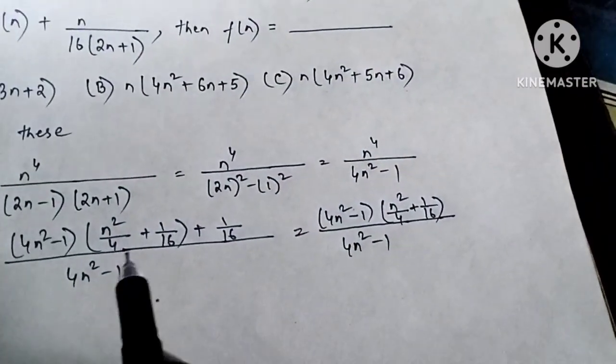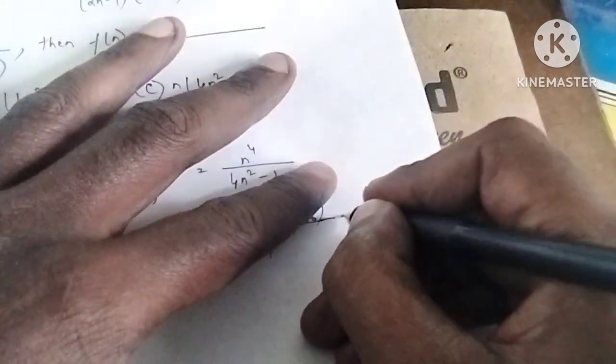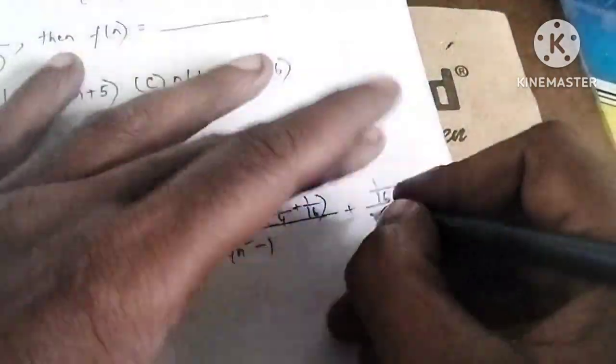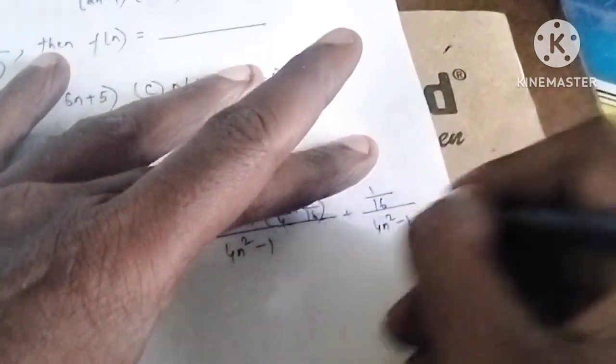Then we have plus 1 by 16 over 4n square minus 1.